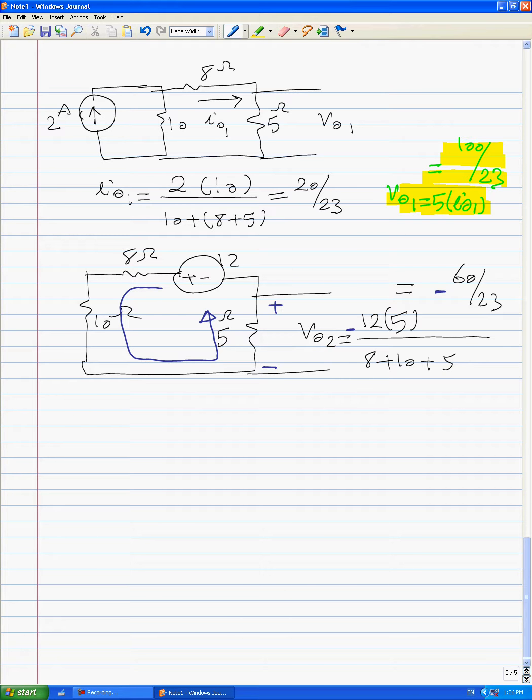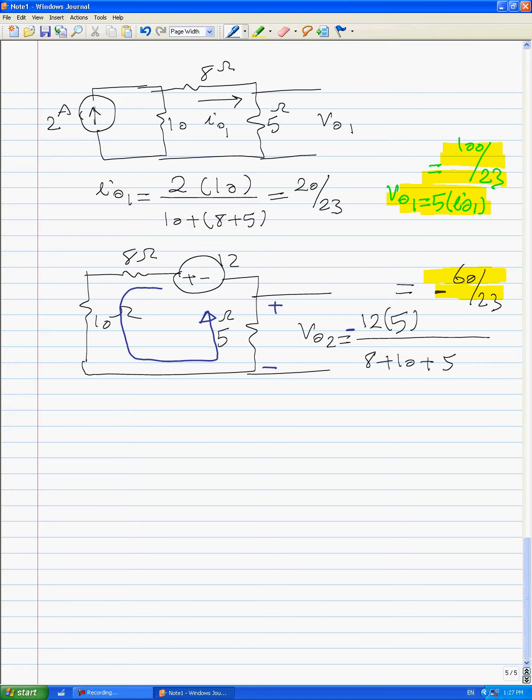That's why in part 2, V out 2 is equal to minus 60 over 23. This is important in order to find the final answer. This is the final answer for part 2.